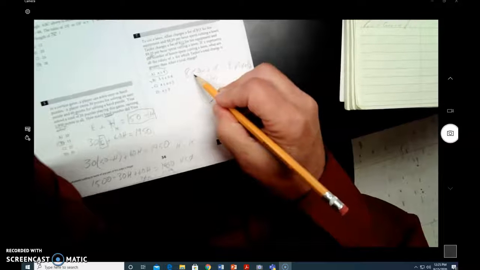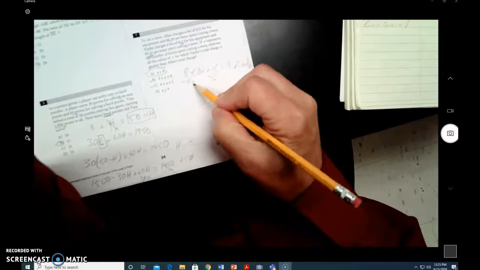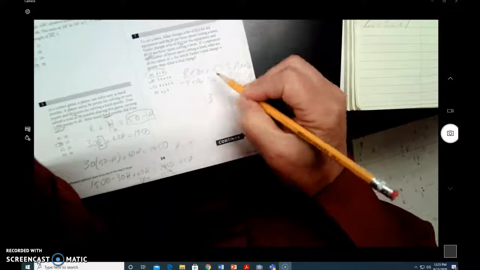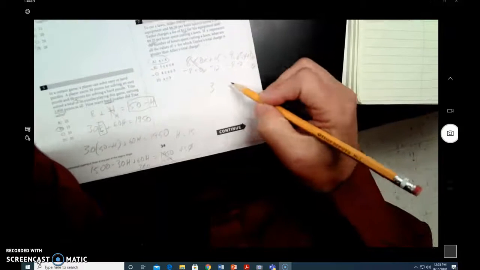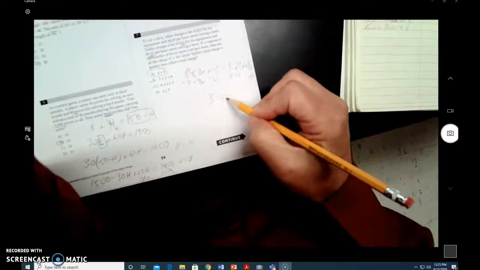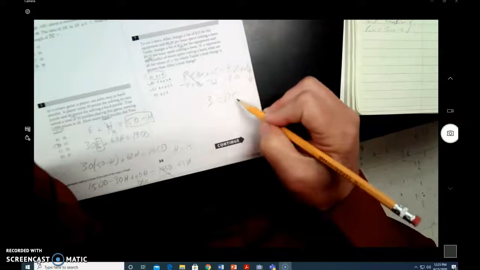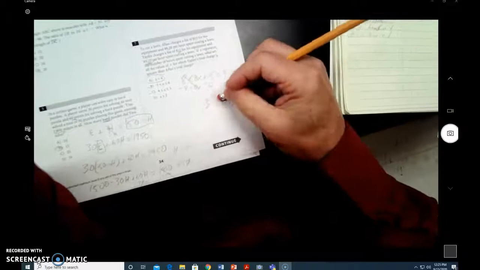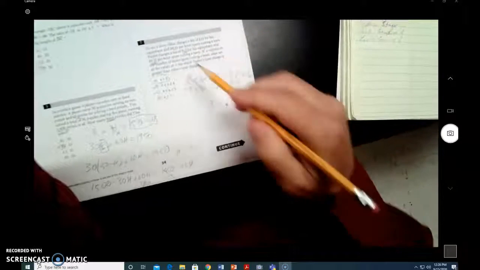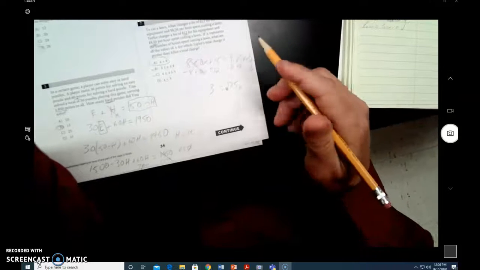And then 8.50, we subtract that. 8.50x minus 8.50x. That eliminates, and we get 3 equals 0.75x, I think. So anyway, and then you could solve what x would have been. Bottom line, as time went by, Taylor was going to be more expensive. It was A.